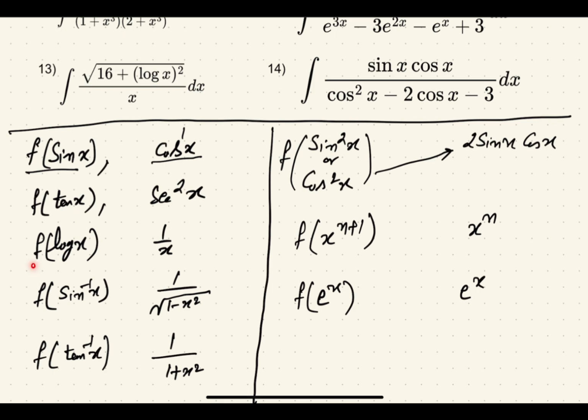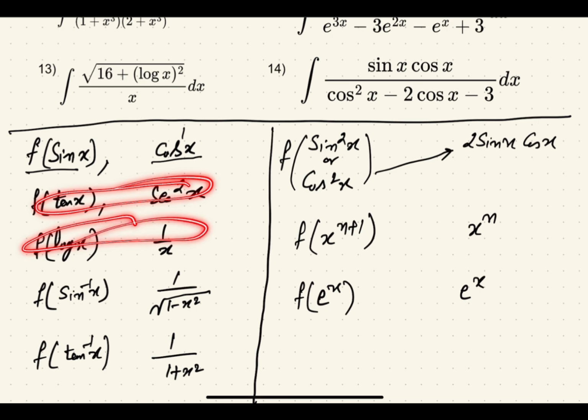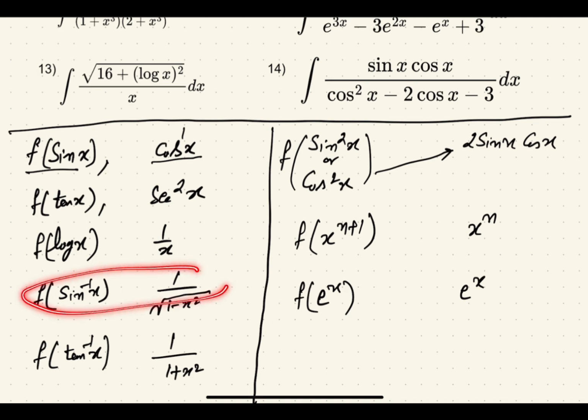Here a function of log x, and here this. These both should be present in the same question in the form of pairs. And here sine inverse x, and here square root of 1 minus x square, both in the pair. Here there will be only 1 minus x square in the denominator. Here x in the denominator.